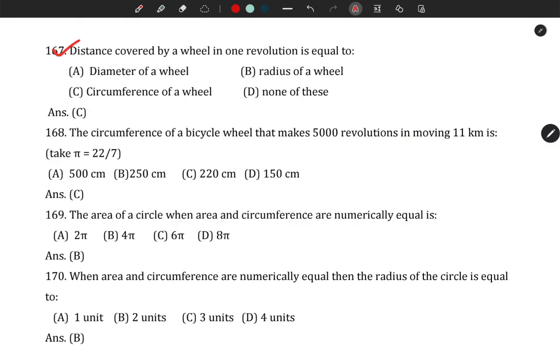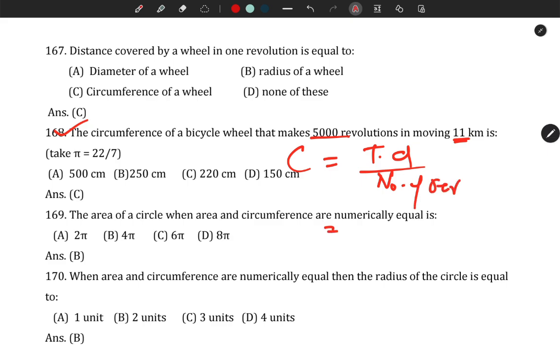Distance covered by a wheel in one revolution. Here you have to remember the distance covered by a wheel in one revolution is always equal to its circumference. Next question, the circumference of a bicycle wheel that makes 5000 revolutions in moving 11 kilometers. Now we know circumference will be total distance divided by the number of revolutions.